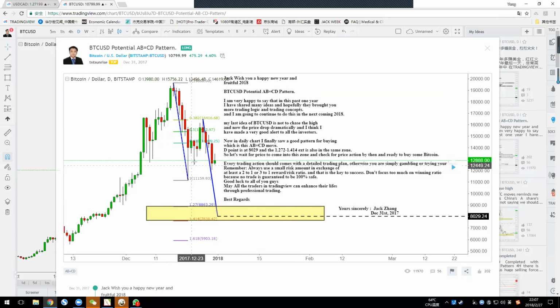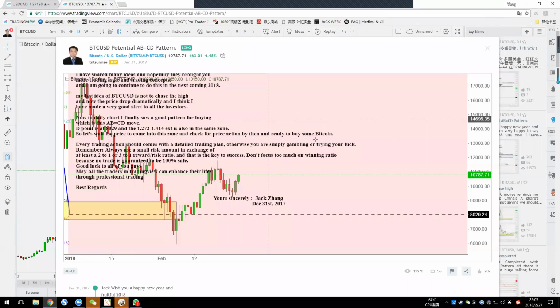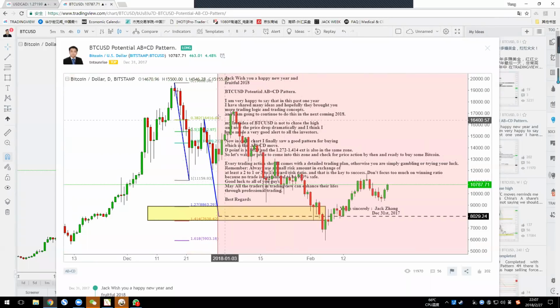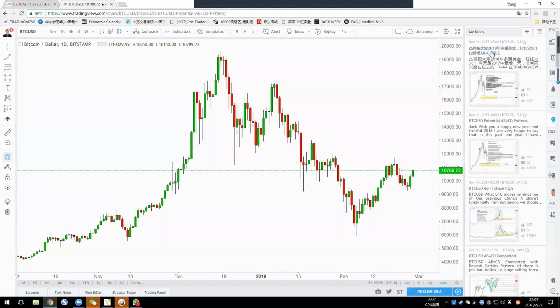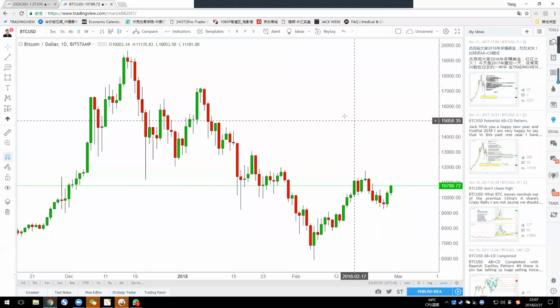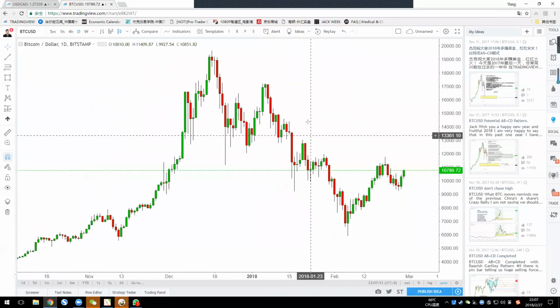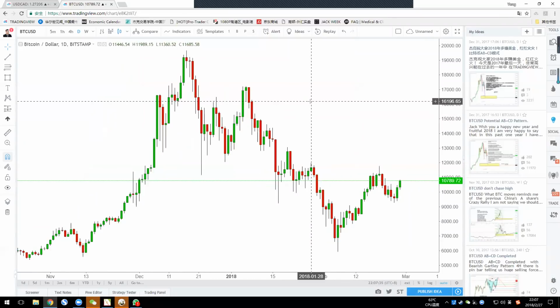And I said, if you want to buy, you don't want to buy the high, you want to buy at the 8,000 level. And this ABCD just happened nicely. The price went all the way from 17,000 to 8,000. If you took a short, it made a lot of money, and then the price reversed nicely from the 8,000 level.